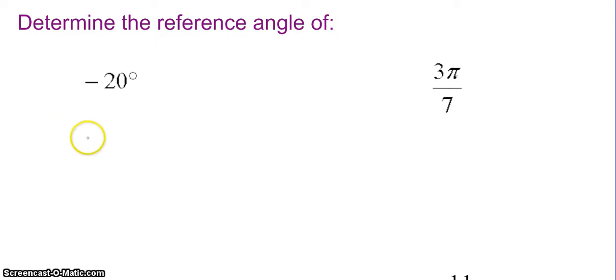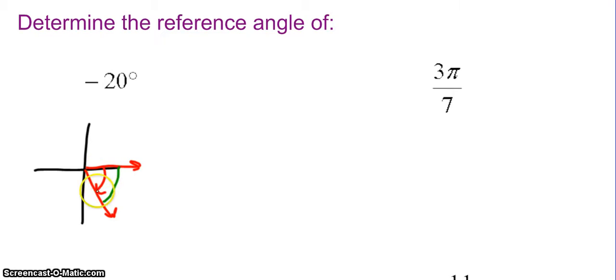Let's draw a picture. What do I mean by that? Draw a little coordinate axis. Approximate negative 20 degrees. So if that's my angle theta, then what is this acute angle?